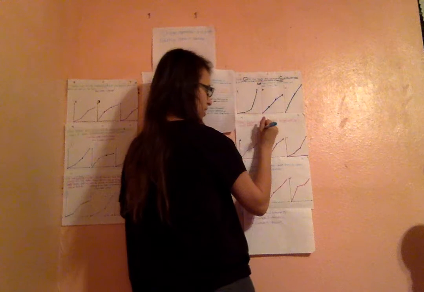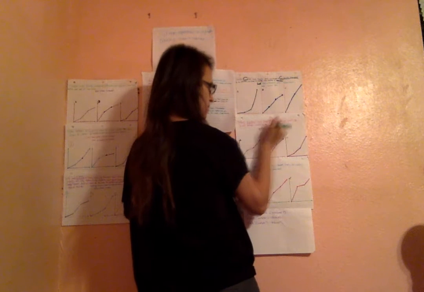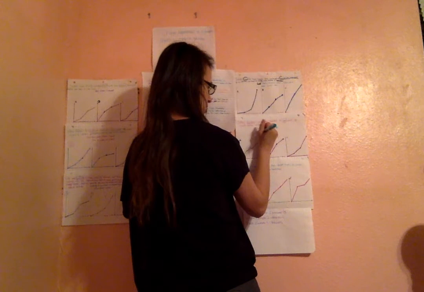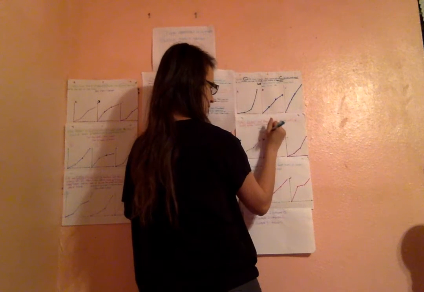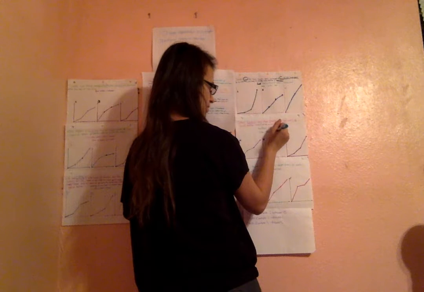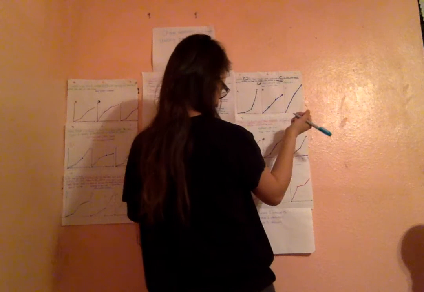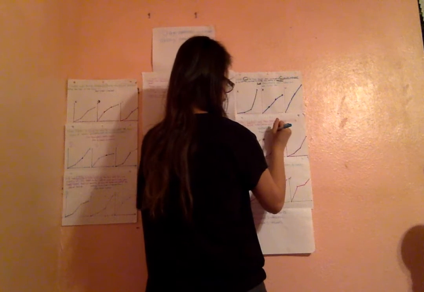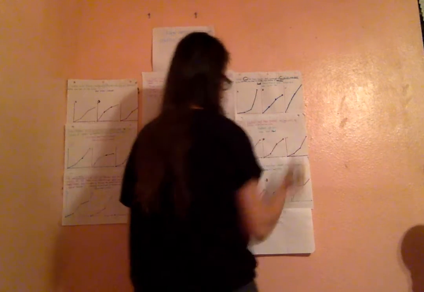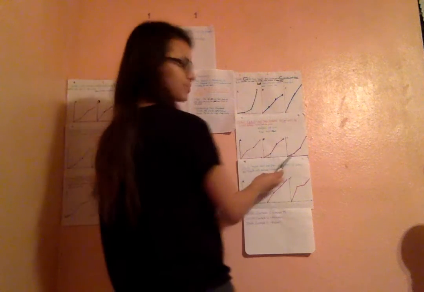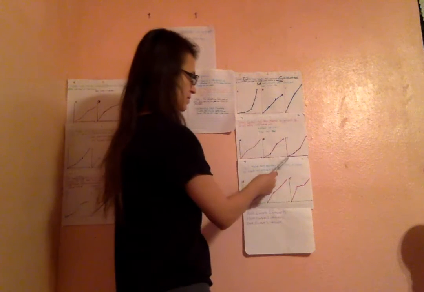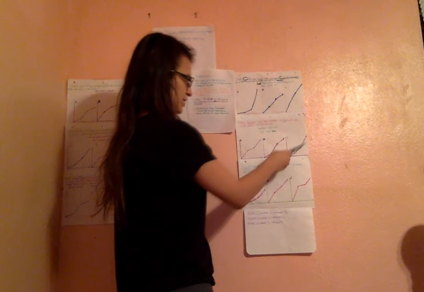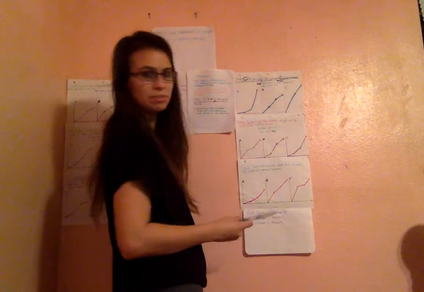I'm going to write our 3 keywords down, which are slow, fast, and slow. We take a look at our graphs. We will notice that he gradually starts slower and gets faster and faster. So the answer will be C.